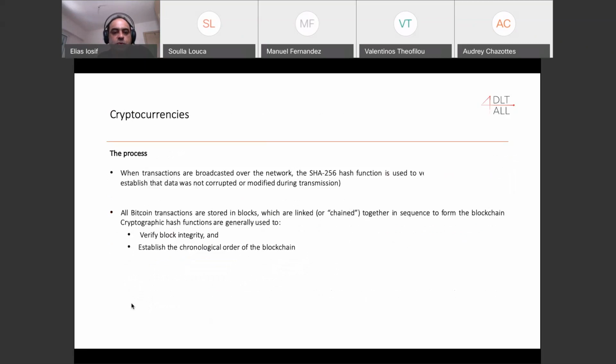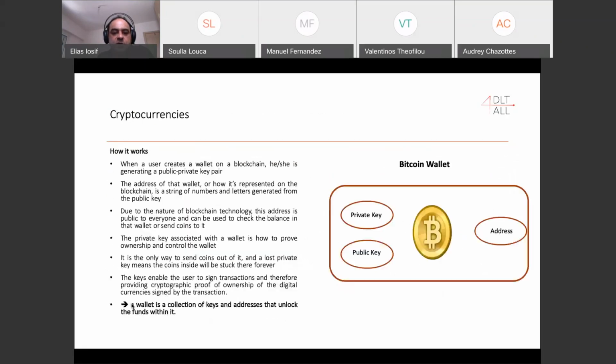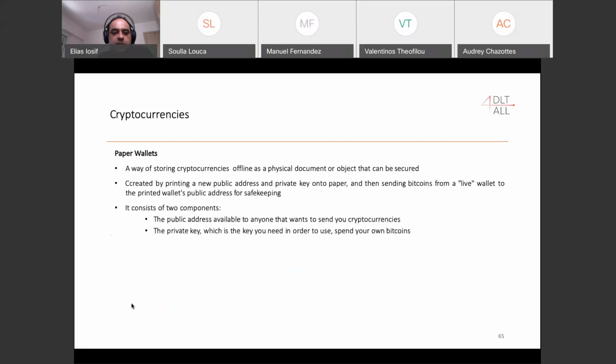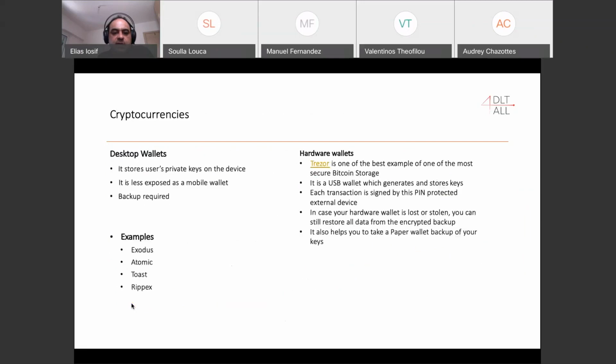I would like to move to the wallets, to say that a wallet is an application that enables you to manage your addresses along with your funds. I would say that there are two types of approaches.